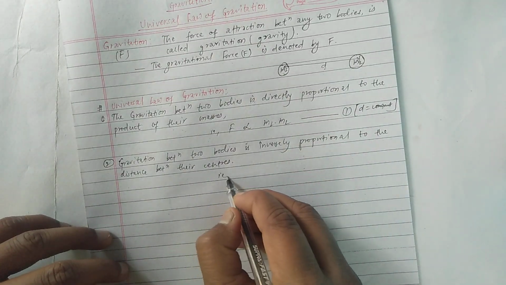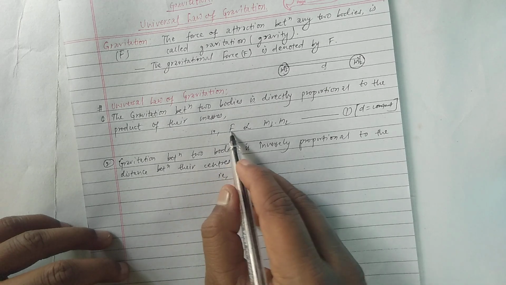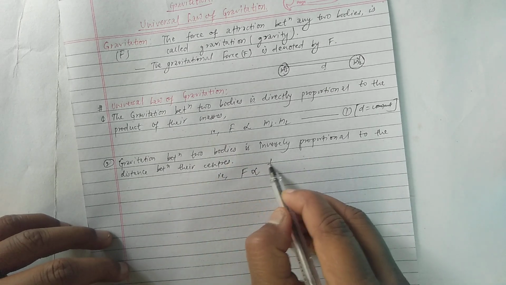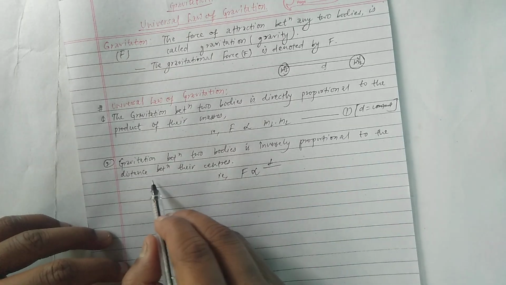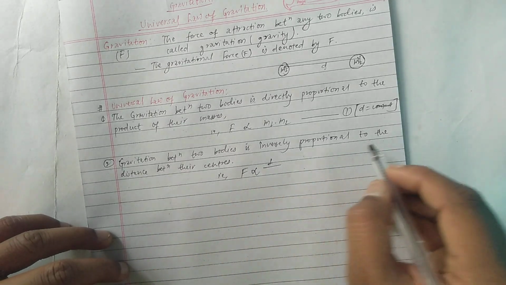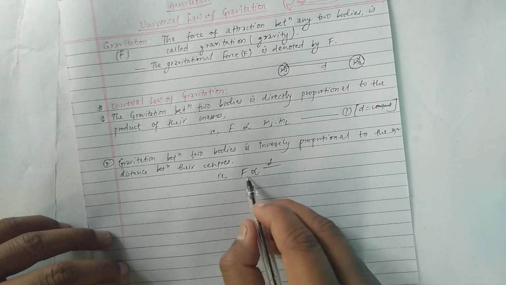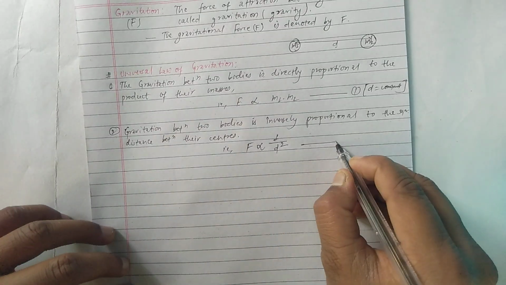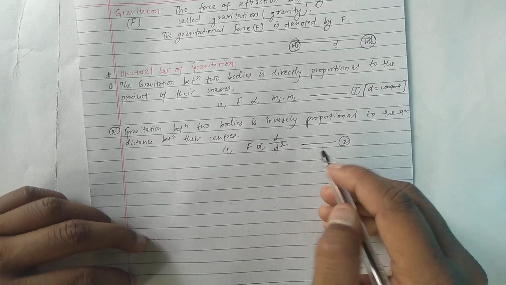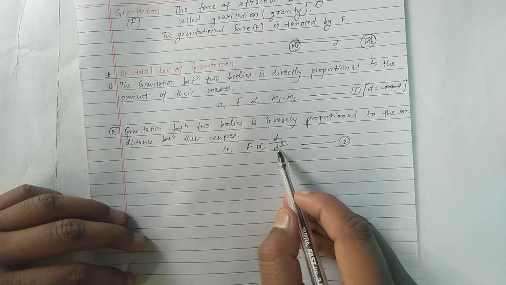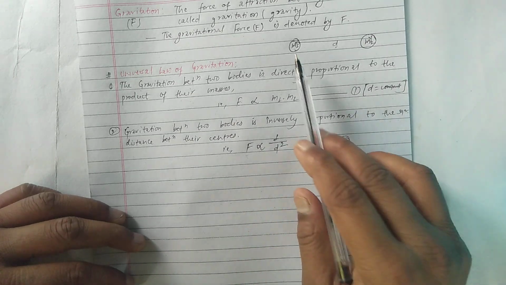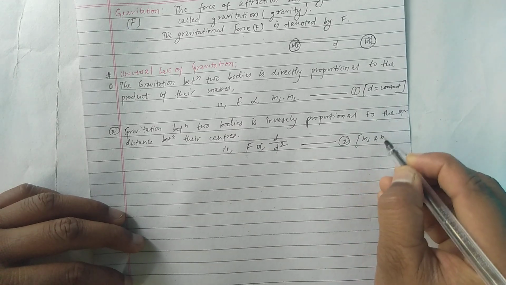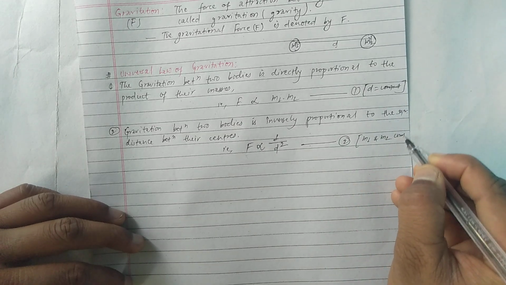So the gravitational force F is inversely proportional to the square of the distance between the centers, which means F is proportional to 1 by d square. Here m1 and m2 must be constant.